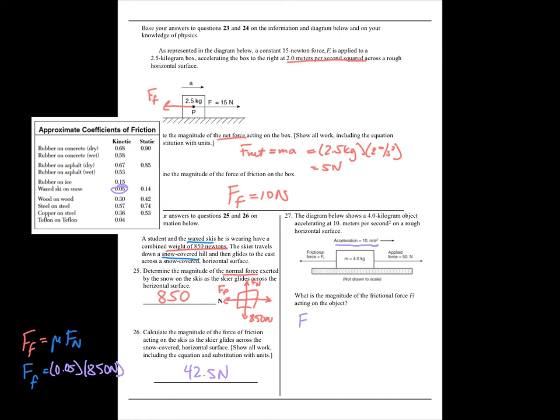We can figure out the net force, though, with F equals ma. 4 kilograms times 10 meters per second squared equals 40 newtons. So that's the difference between left and right sides. Now, because it's accelerating to the right, that means the right side is bigger by 40. So that means we can figure out 50 minus 40 equals 10. The force of friction is equal to 10 newtons.